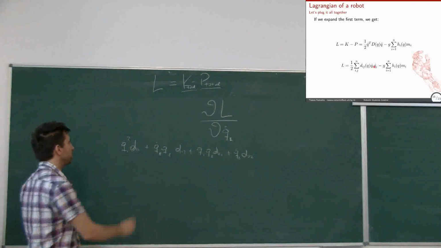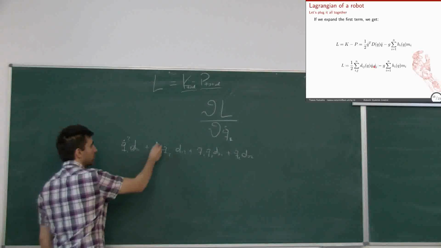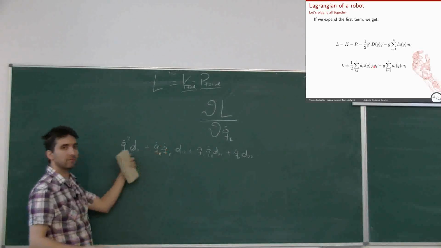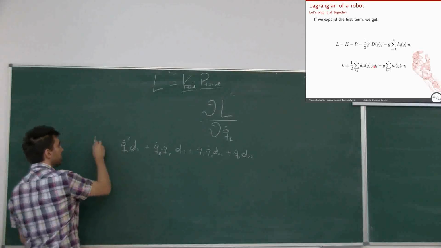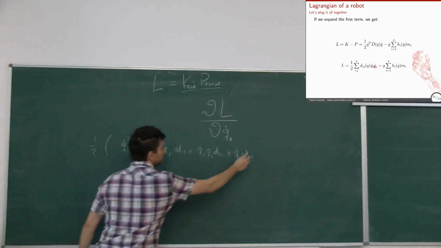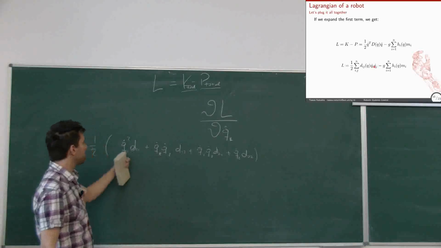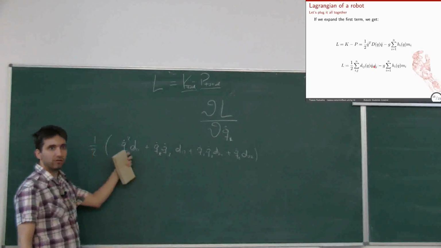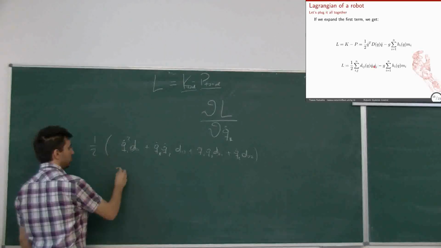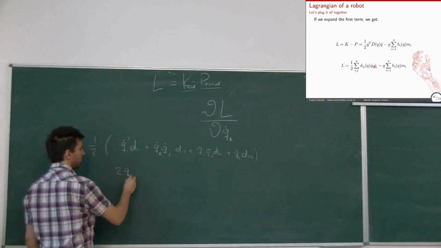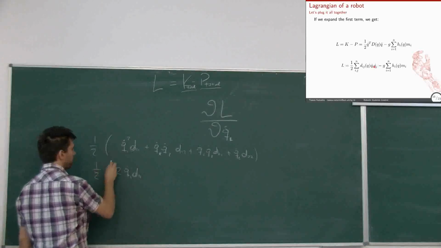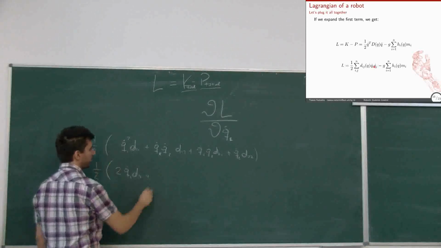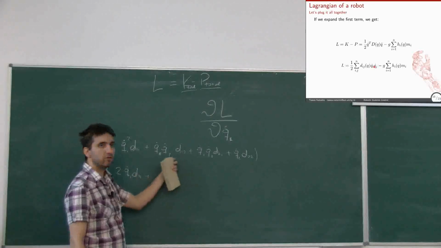Does this term depend on q1 dot? Yes? Okay. And remember that this was 1 over 2 outside, right? So what's the derivative of this with q1 dot? 2 q1 dot D11. Okay. Here, does this depend on q1 dot?